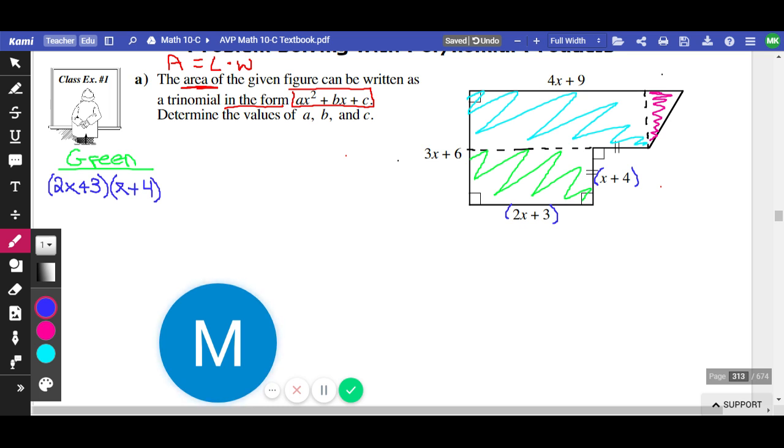All right, so if I use distribution, I would take the 2x, distribute it to the first x to get 2x squared. Then I take the 2x and distribute it to the 4 to get plus 8x. Then I take the 3 and distribute it to the x to get plus 3x. And then I distribute it to the 4 to get plus 12.